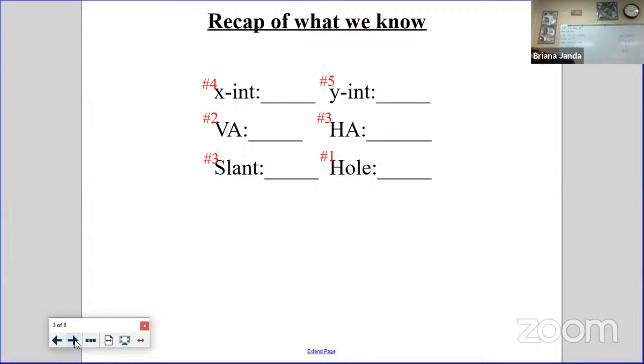So recapping what we learned yesterday, you're going to see this instead of that step-by-step guided sheet. We start always by looking for a hole in our graph. And so this, remember, is what crosses off. We start here. But it's always an ordered pair. Some of us are forgetting the ordered pair part of it.